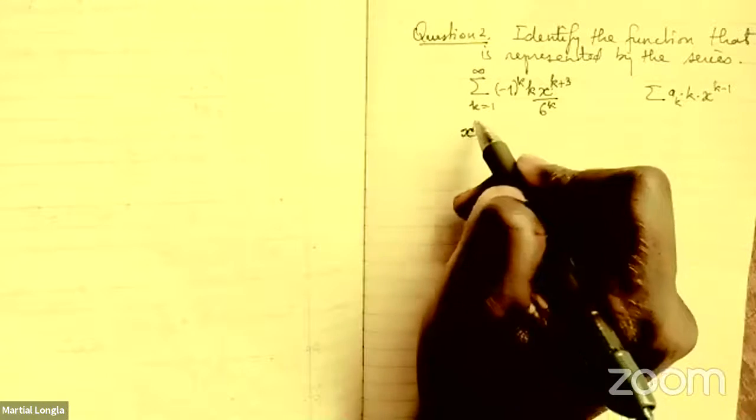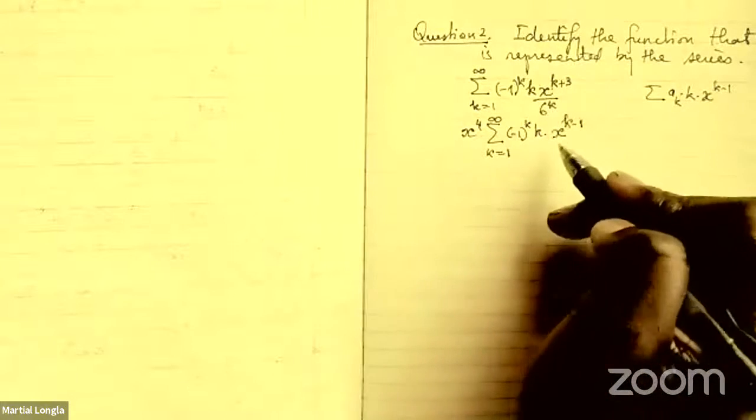So if I get out x to the power 4, that's going to be sum k from 1 to infinity, negative 1 to the k times k times x to the power k minus 1. This is what you get. And once you get here, you have 6 to the power k that was below, and you keep it there over 6 to the power k.